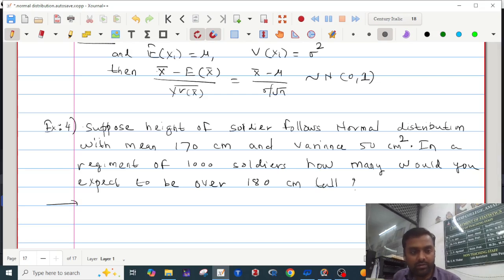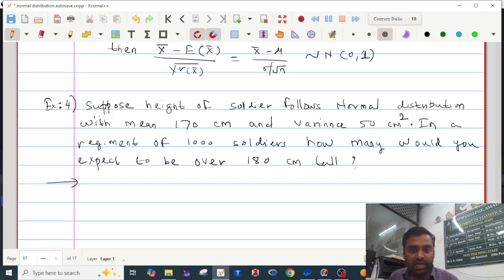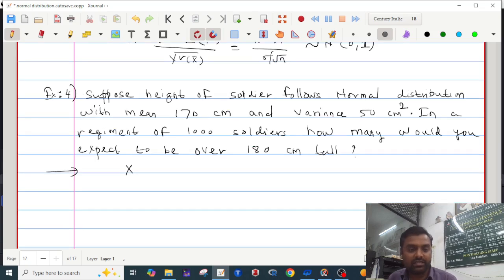Okay. So what is given here? Height of the soldier. So let's denote it by X. X is height of soldier. It is given that its distribution is normal.